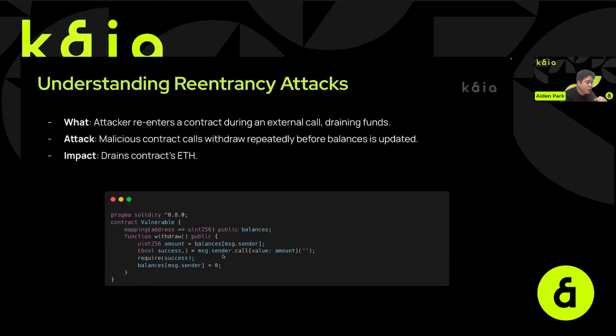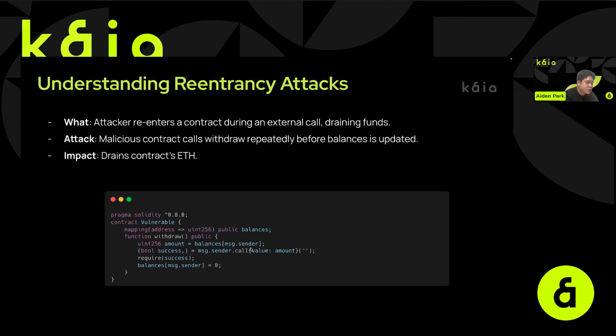When you call this call function here, if the message sender is actually a contract, and that contract again tries to call this withdraw function, then the execution flow goes like this.